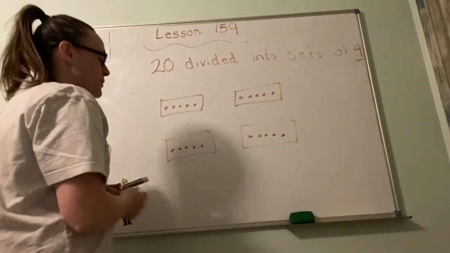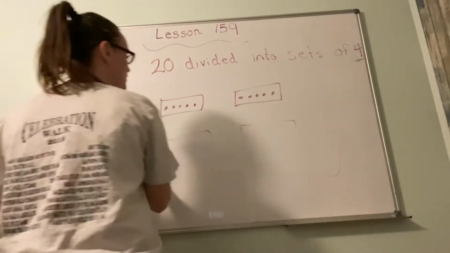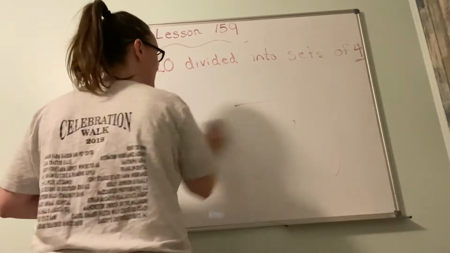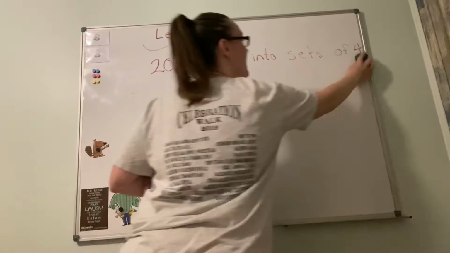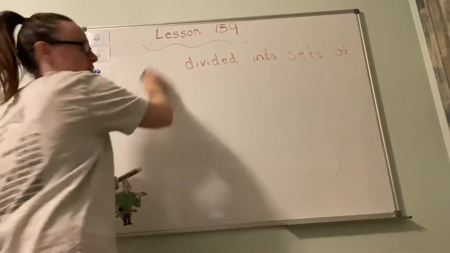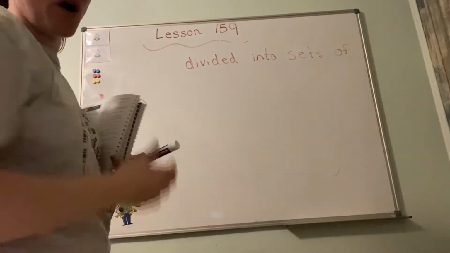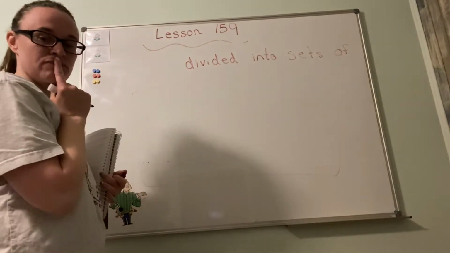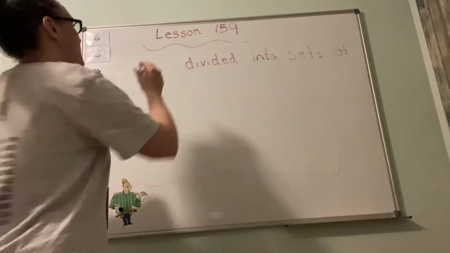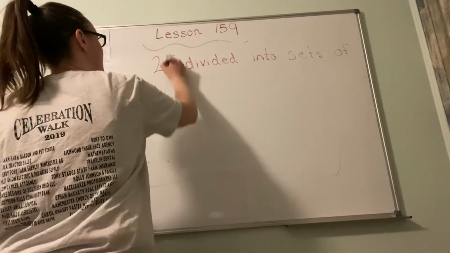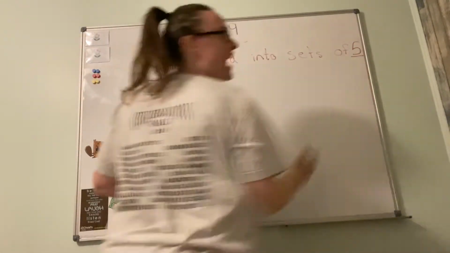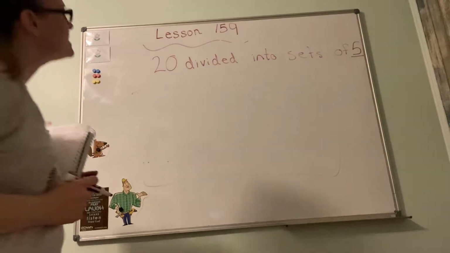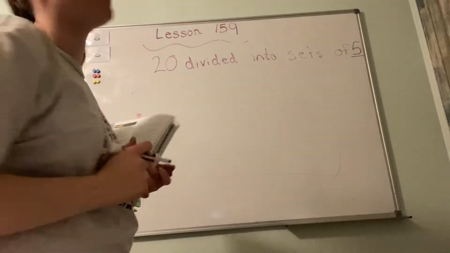Remember, what you're doing is they're giving you a number and they want you to divide that number into a certain number of sets. So let's look at another number. Let's say we had 20 again. But this time we wanted to divide it into sets of 5. 20 divided into sets of 5.